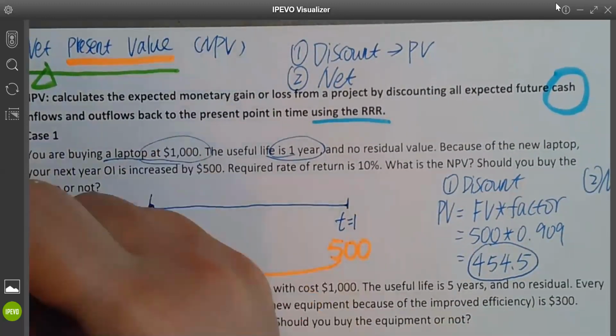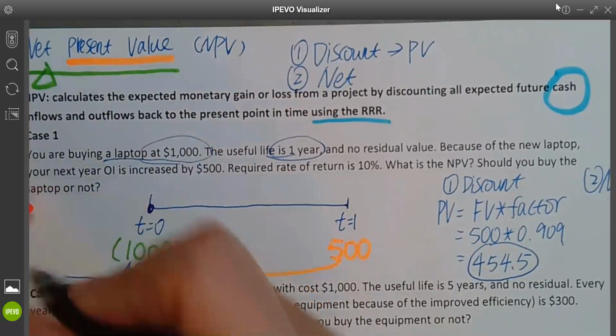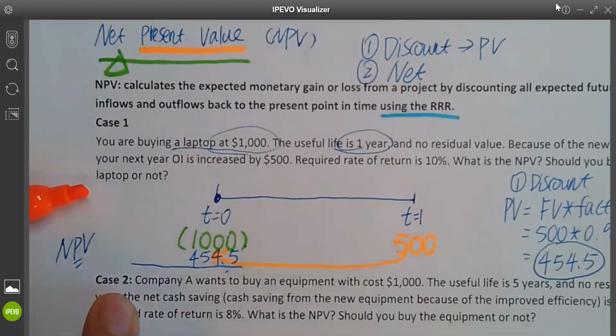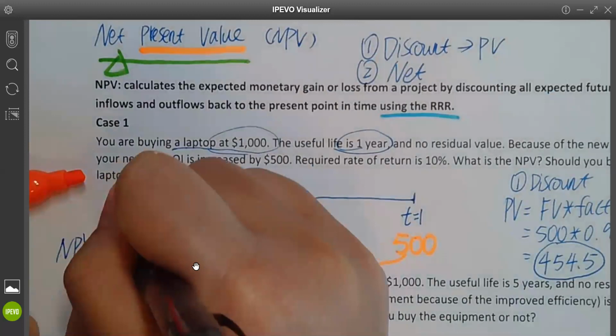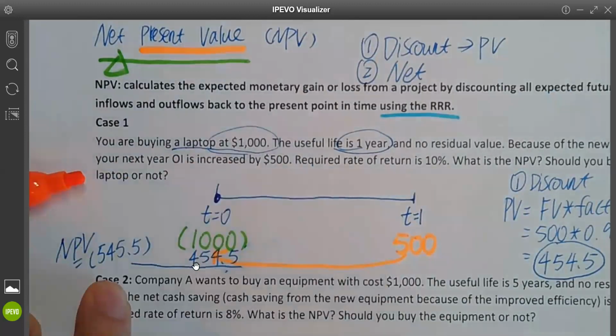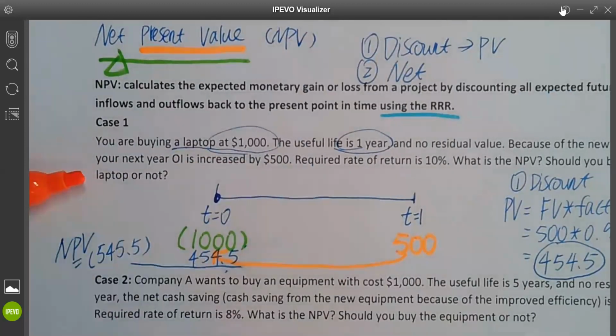So what is the net? The net present value will be negative 545.5.